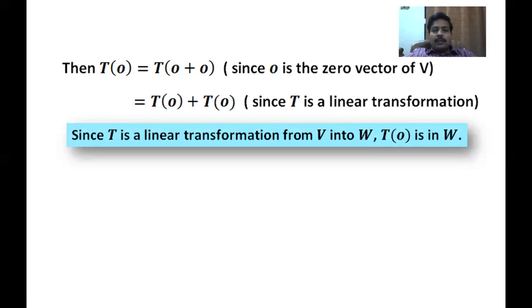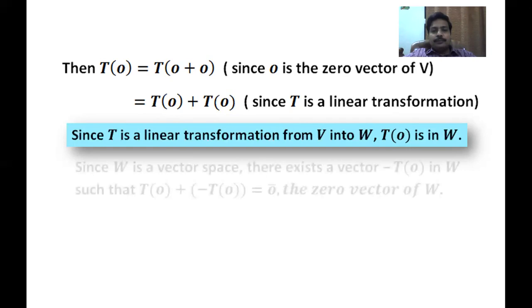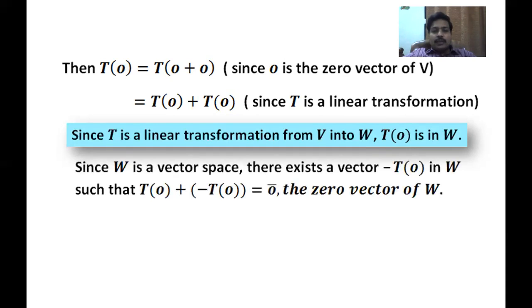Since T is a linear transformation from V into W, T of O must be in W. So all the game is happening in W. Since W is a vector space, there exists a minus T of O in W, such that T of O plus minus T of O is equal to 0 bar, the zero vector.